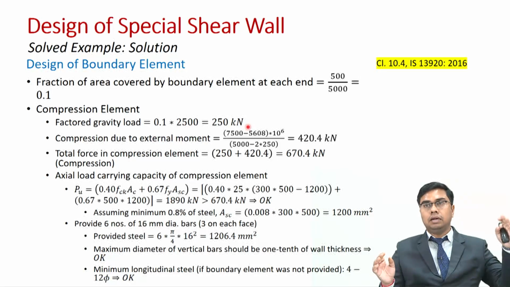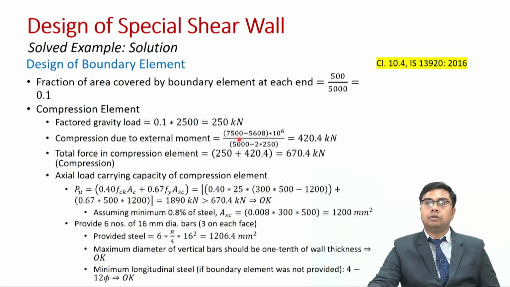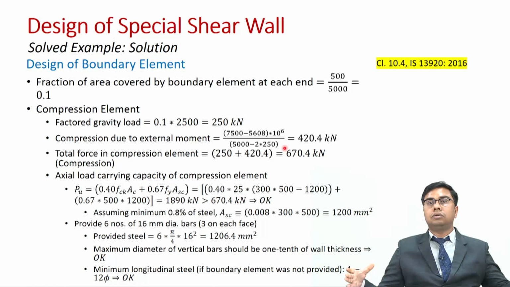Now due to the external moment, there will be compression in this compression element. How much compression? The remaining moment, which is 7500 minus 5608 kilonewton meter, has to be carried by this wall. So the lever arm becomes 5000 minus 2 into 250. Why? 5000 is the total length of the wall, and these two boundary elements have their CG located 250 millimeters inside from either side.